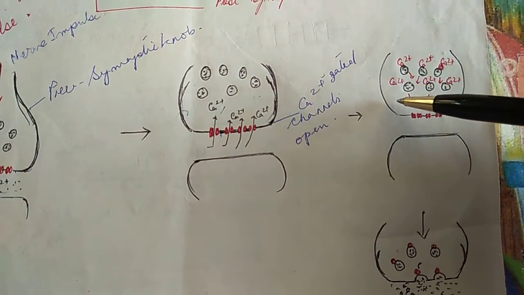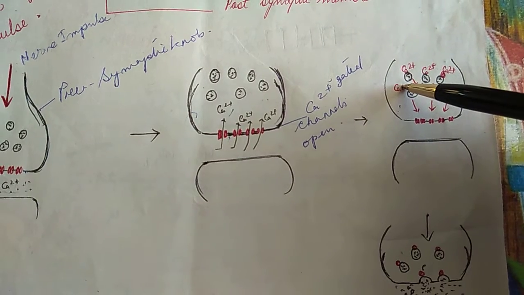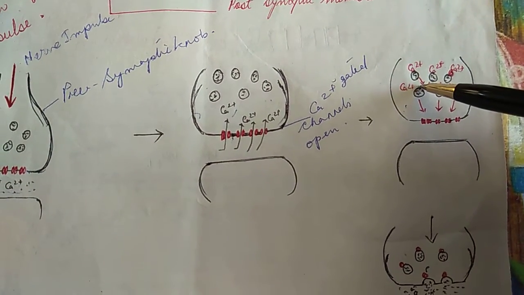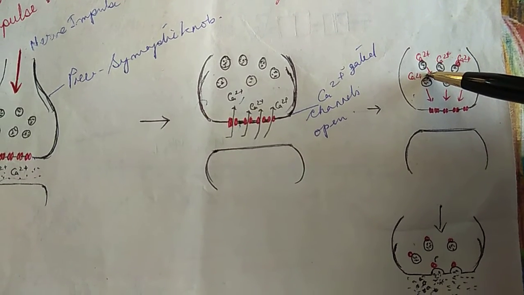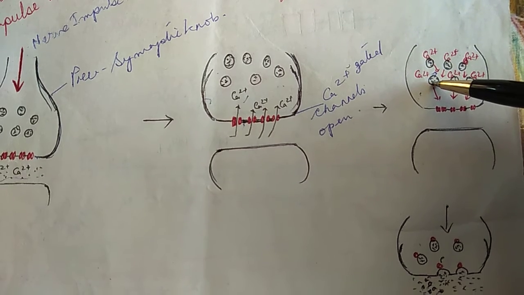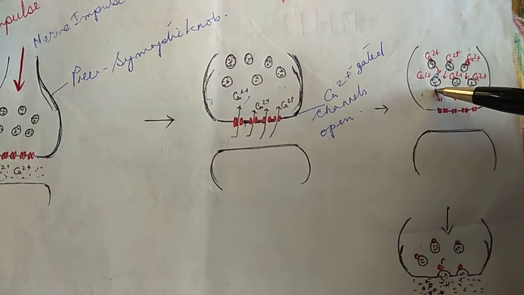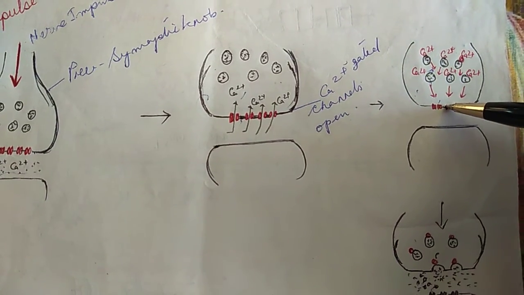After entering into the presynaptic knob, the calcium ions bind with the synaptic vesicles and push the synaptic vesicles towards the presynaptic membrane.